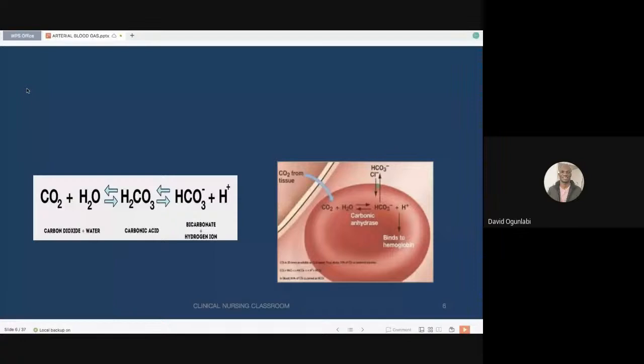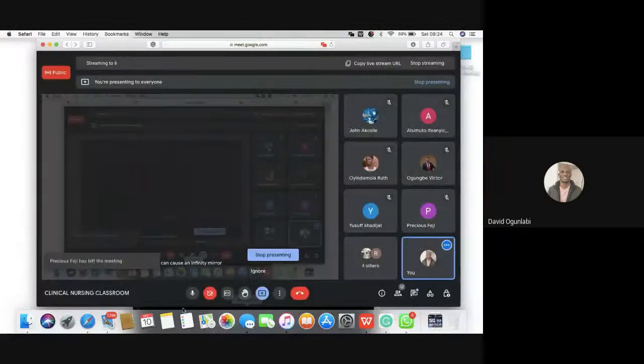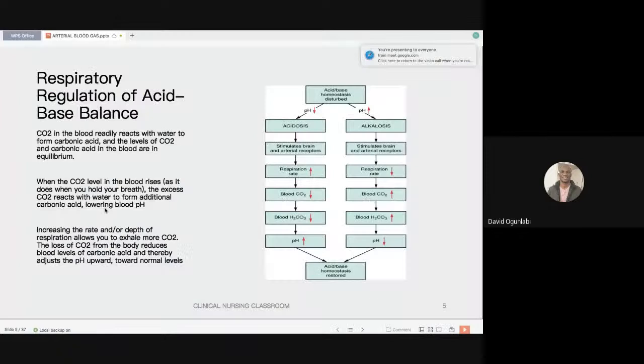So exactly what I said: if you know the level of CO2 in the blood, you will definitely know if the patient is in a state of acidosis. I'm sorry, I'll be shuttling in and out because of the people coming in. Now, when the CO2 level in the blood rises, the excess CO2 interacts with water to form additional carbonic acid, lowering the blood pH.